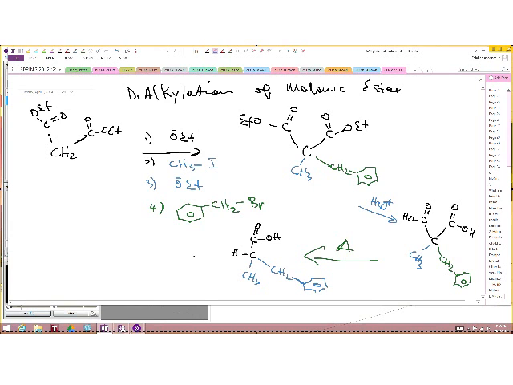Now, supposing I also do this, we now have a carboxylic acid. Of course, carbon dioxide is given off here. So we have a carboxylic acid. Supposing I now do DCC and ammonia, and I have this.